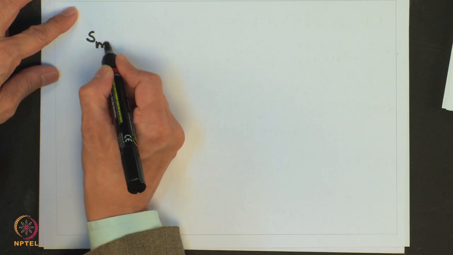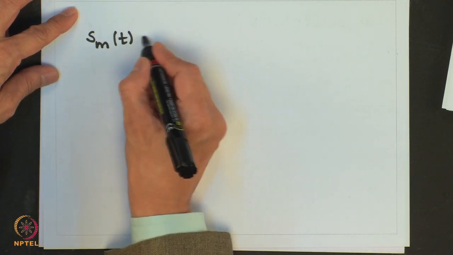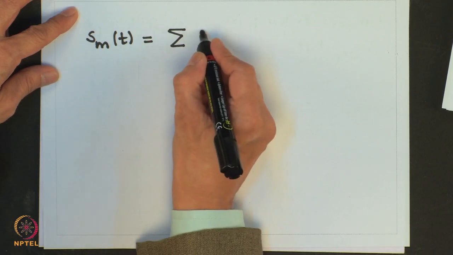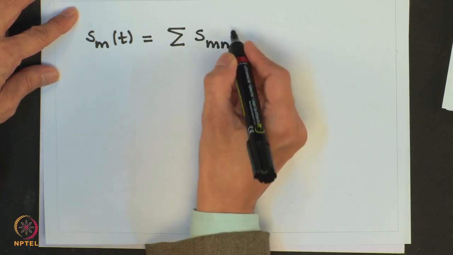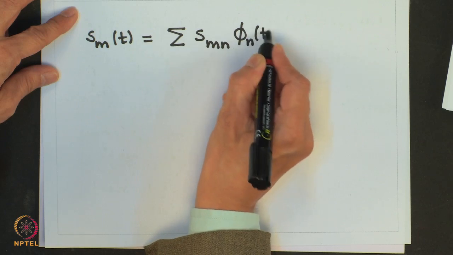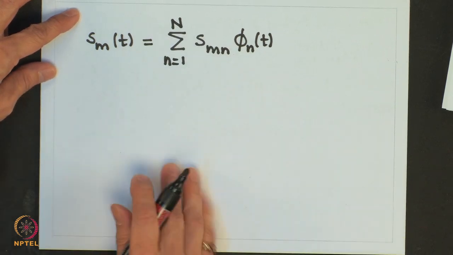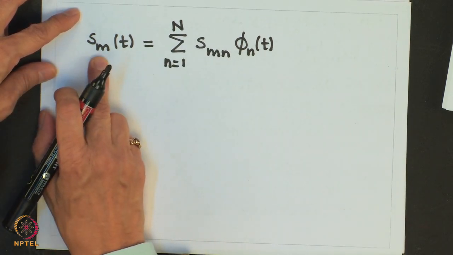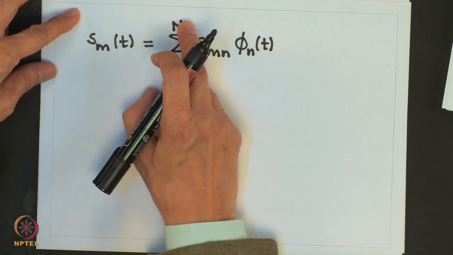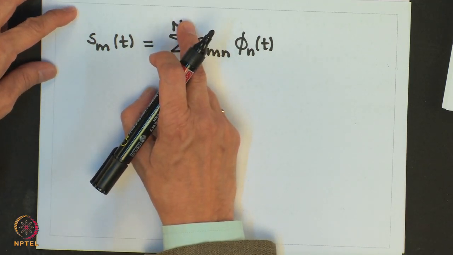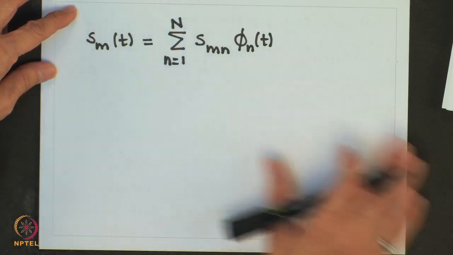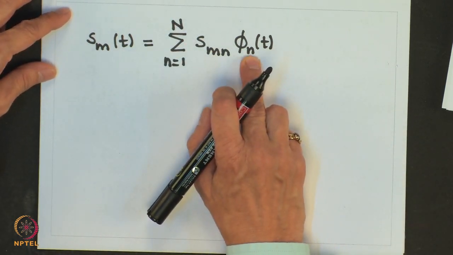So, in general, once I have my orthonormal basis signals, I can express my signal s_m(t) as a linear combination of basis signals, correct. So, in our case this m would go from 1 to 4, this capital N would be 3, this n would go from 1 to 3.